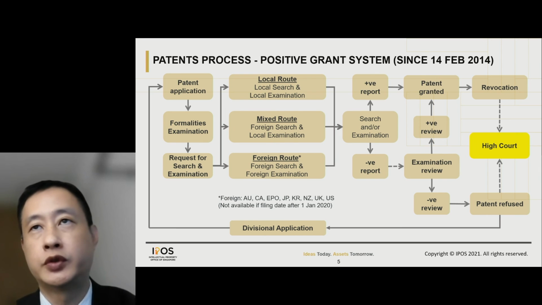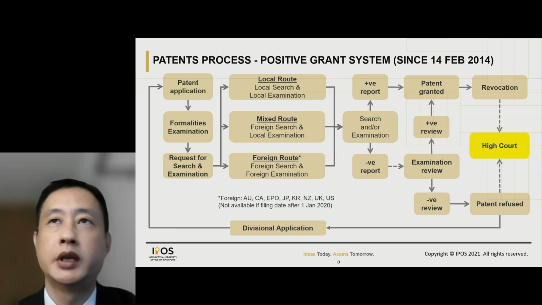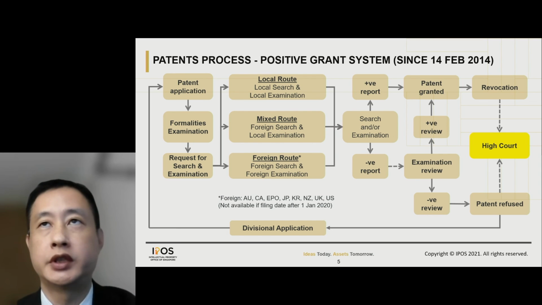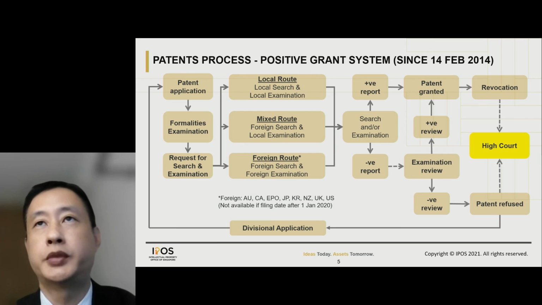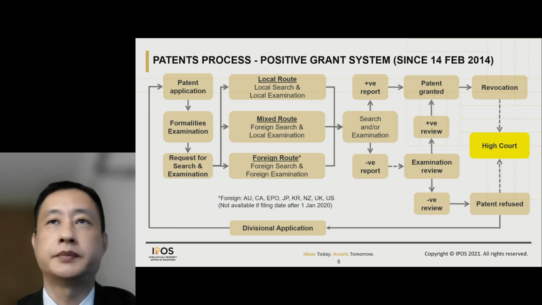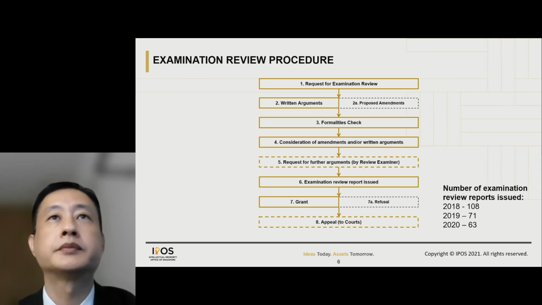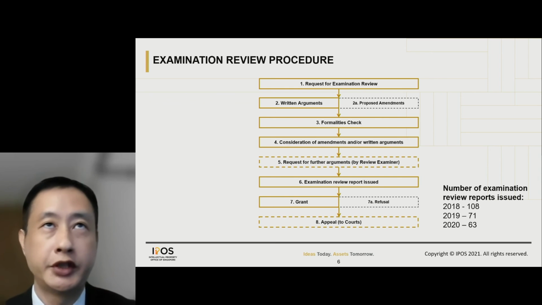However, the applicant may also appeal the decision of the examination review to the High Court. And on the top right, you can see that even if a patent is granted, there are revocation procedures. These revocation procedures may be heard either in IPOS itself or in a High Court. In cases where the revocation procedure is heard in IPOS, this may be appealed to the High Court if it is refused. Next slide, please.